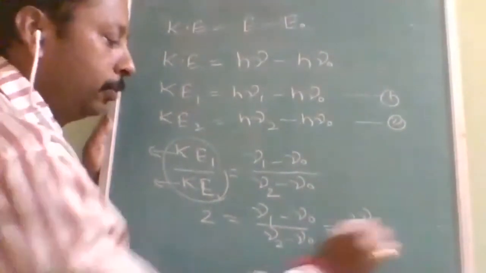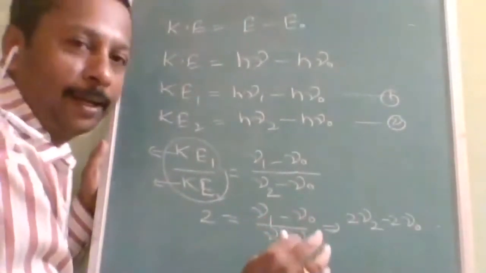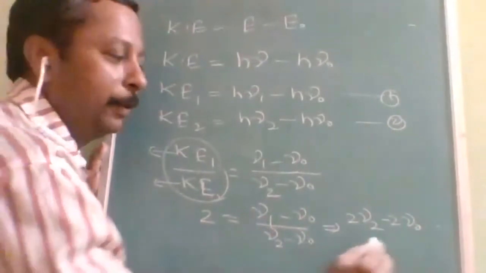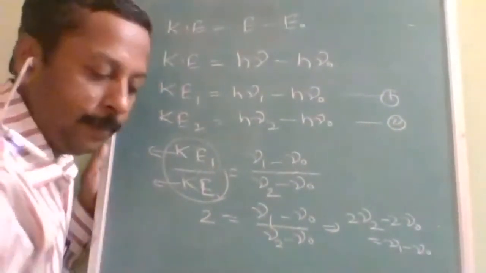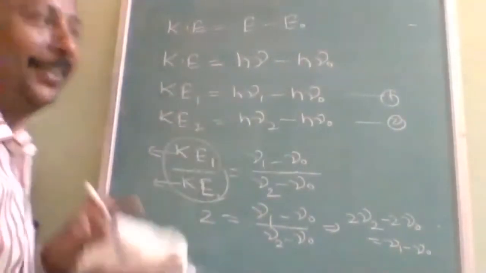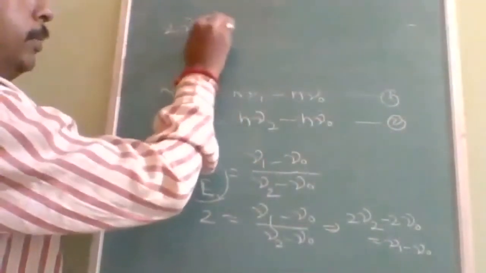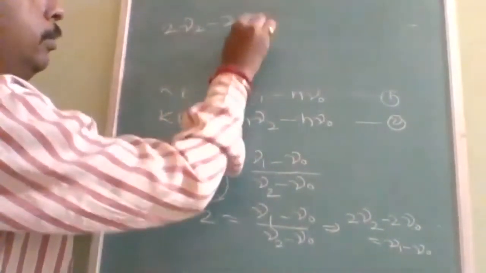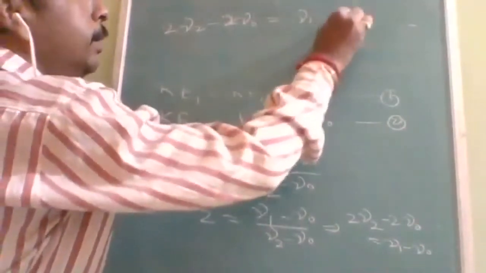2 into nu2 minus 2 nu0, cross multiplied and made internal multiplication also, equals nu1 minus nu0. Okay. So finally I'm getting 2 nu2 minus 2 nu0 is equal to nu1 minus nu0.